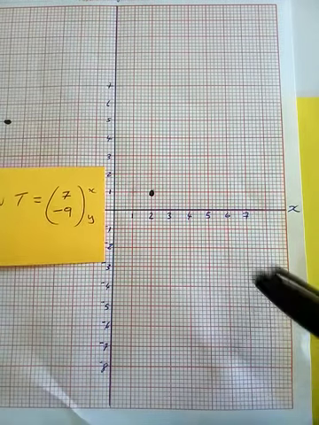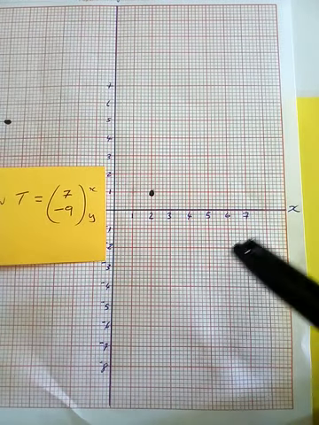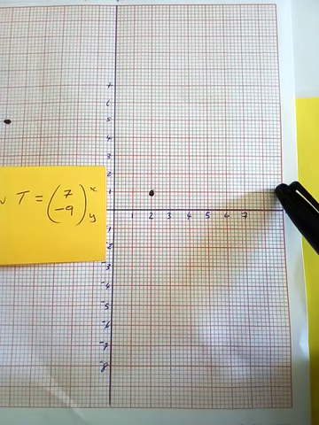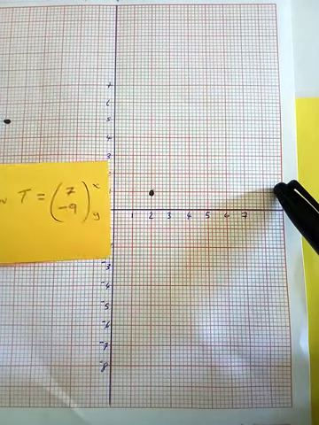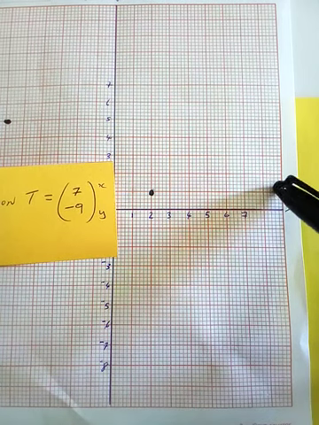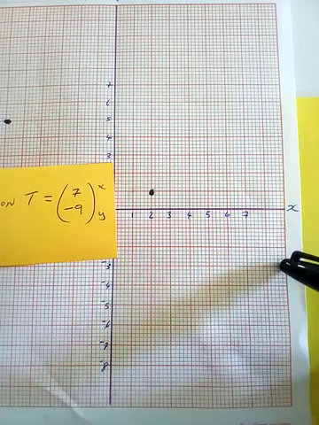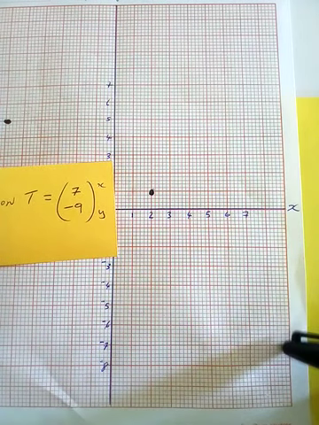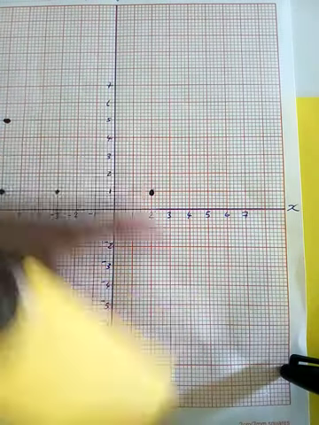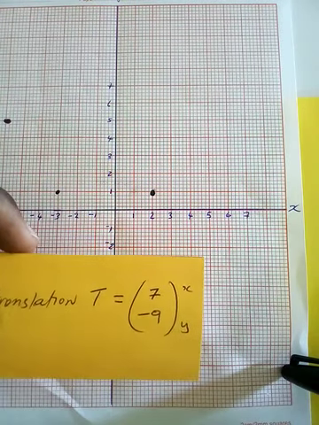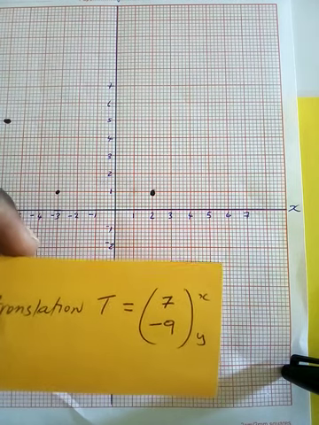So let's go. 1, 2, 3, 4, 5, 6, 7 units to my right because it's positive, and then -9 means I'm going down from where I found the 7 units. So 1, 2, 3, 4, 5, 6, 7, 8, 9. So this point will end up down here by translation using the vector. So this is one method of moving all the points.